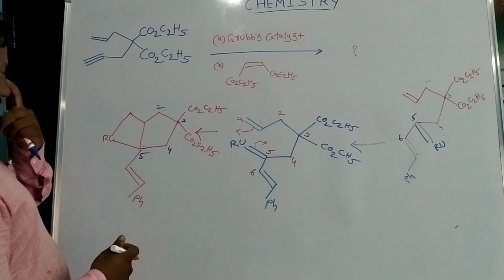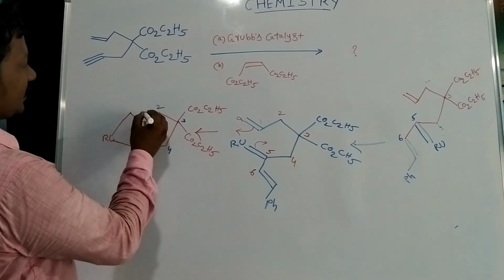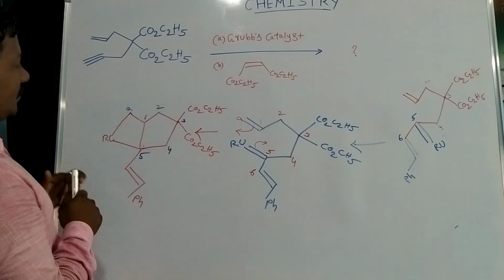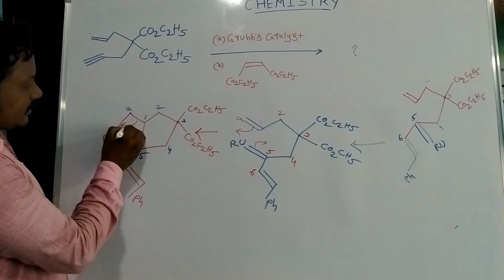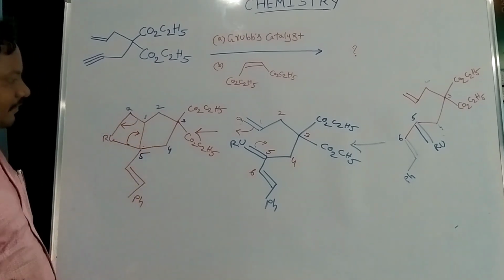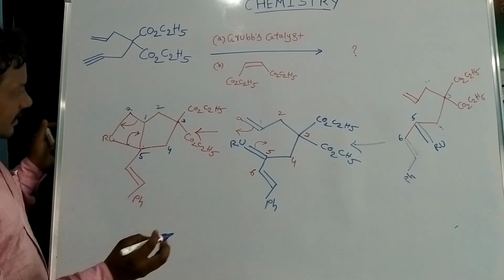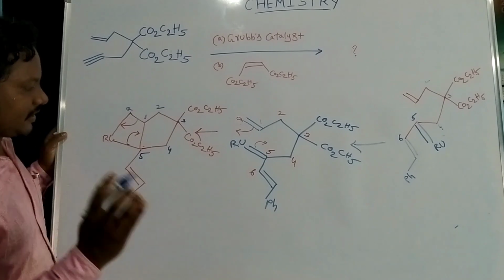If you look here, this is 1, this is A. The bond is breaking between 1 and A like this, and another bond is breaking between ruthenium and 5. That means between 1 and 5 a new bond is formed.